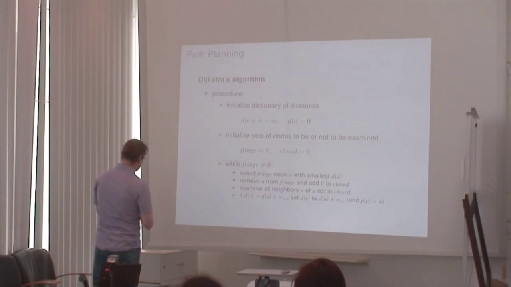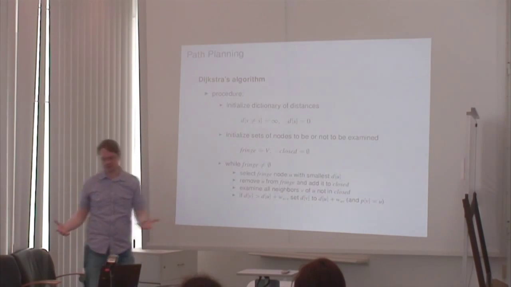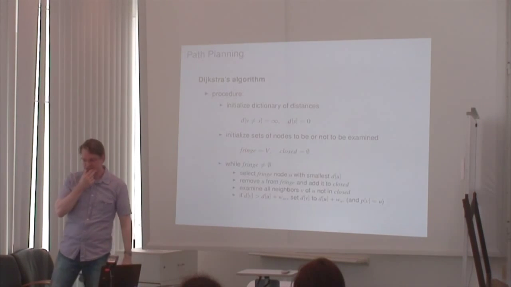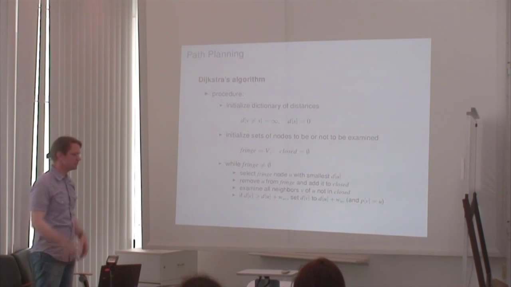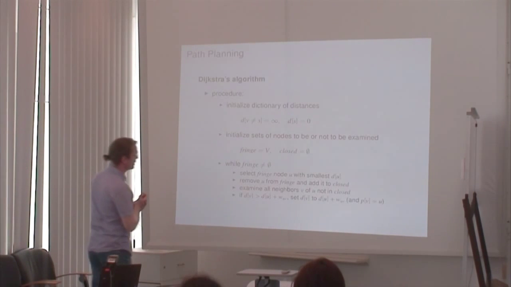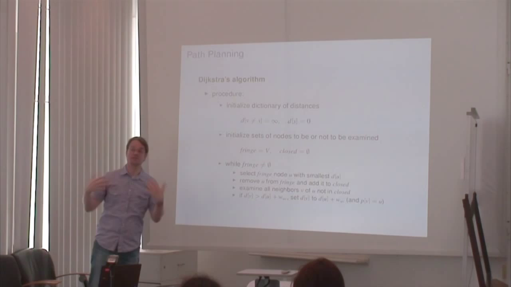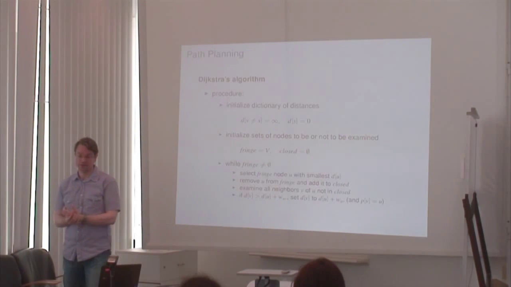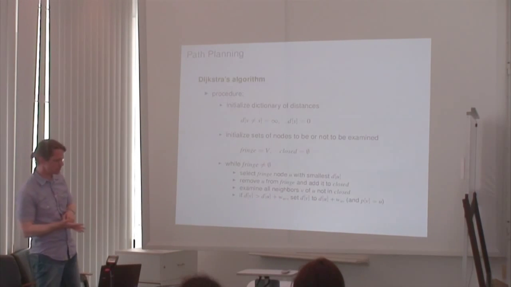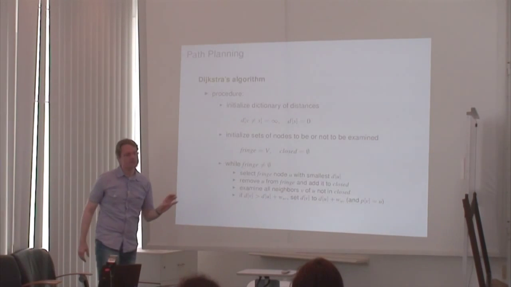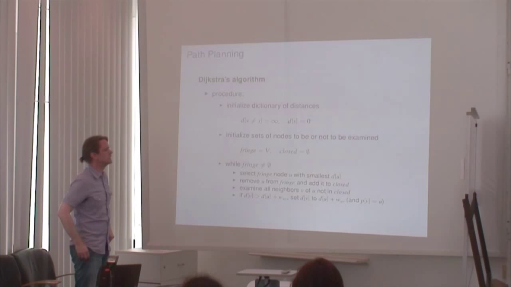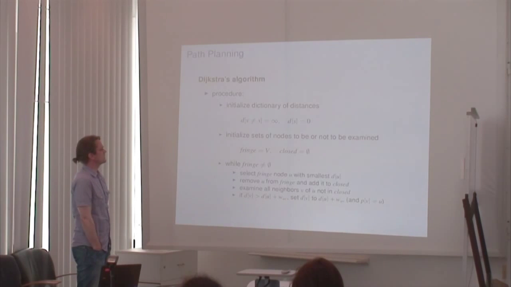Then, we looked into Dijkstra's algorithm as a possible approach towards the problem of path planning. Indeed, we saw that it was conceived as an approach towards the problem of computing the distances in graphs rather than a path, but we abused it slightly to compute shortest path.